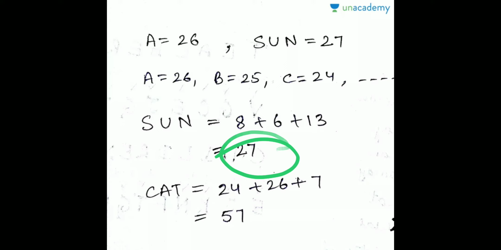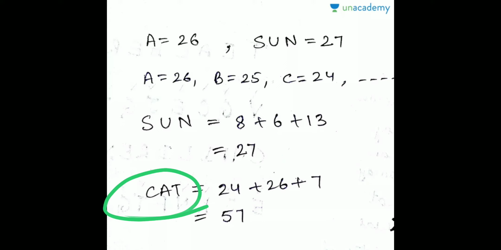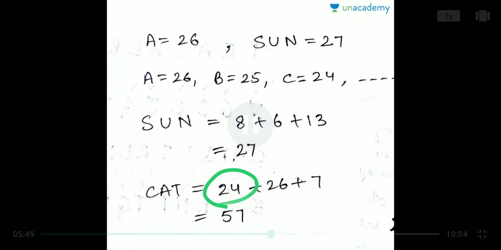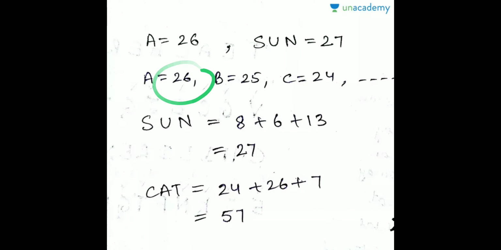Okay, done. Now see here, you have to write down the coding for CAT. Here you can see that C is 24, A is 26, which is already given in the question, and S is at 8. Then T is one position ahead of it, so we subtract 1 from 8 and you get 7.